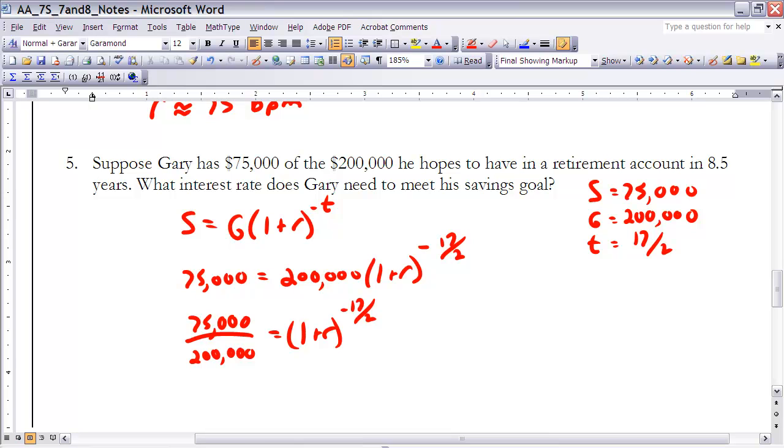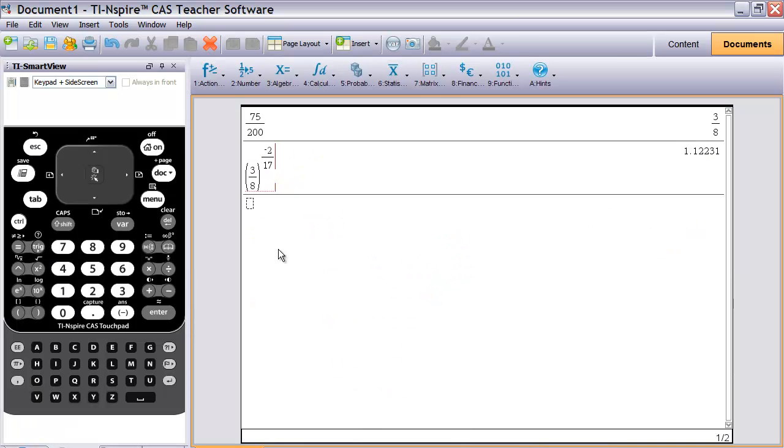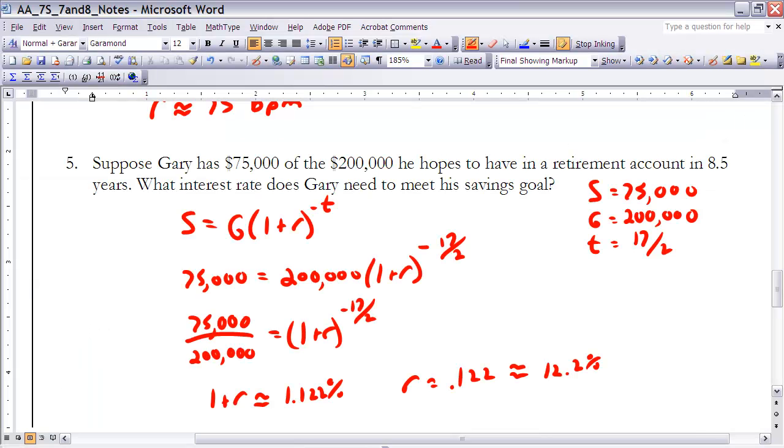If I go to my calculator, 75,000 divided by 200,000 is 3/8. So I have 3/8 raised to the negative 2/17, which is 1.122 roughly. So that means that 1 plus R is equal to 1.122, or 0.122 for the rate, which is about 12.2%.